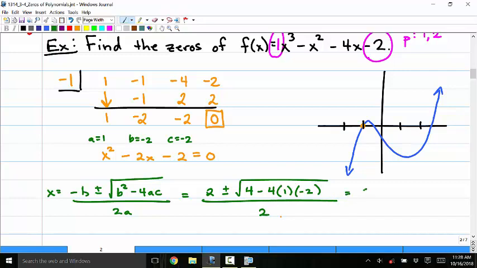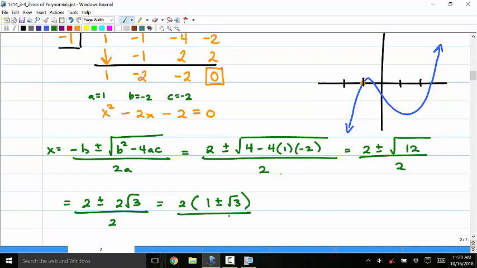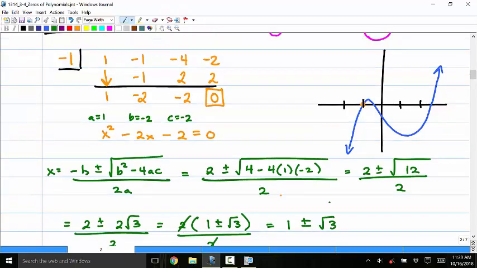So that gives me 2 plus or minus the square root of 12 all over 2, which is 2 plus or minus 2 root 3 over 2. If I factor out a 2 up top, I'm left with 1 plus or minus root 3. And now the 2 in the numerator and the denominator cancel, and I get 1 plus or minus root 3.